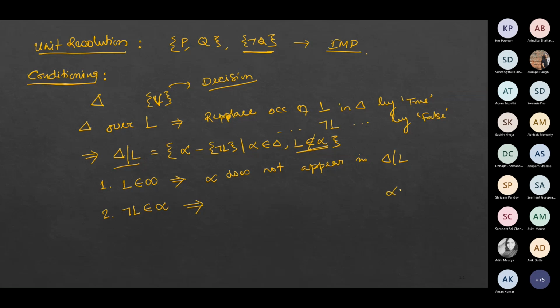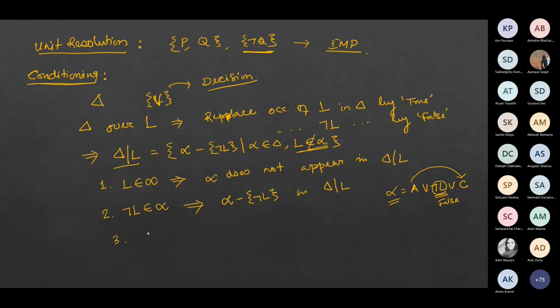So your alpha is something like A or not L or C. If we set L to be true, this negated L evaluates to false, and the truth value of alpha will depend only on A and C. We do not need to consider negated L. So we'll include alpha minus negated L in the updated delta L.